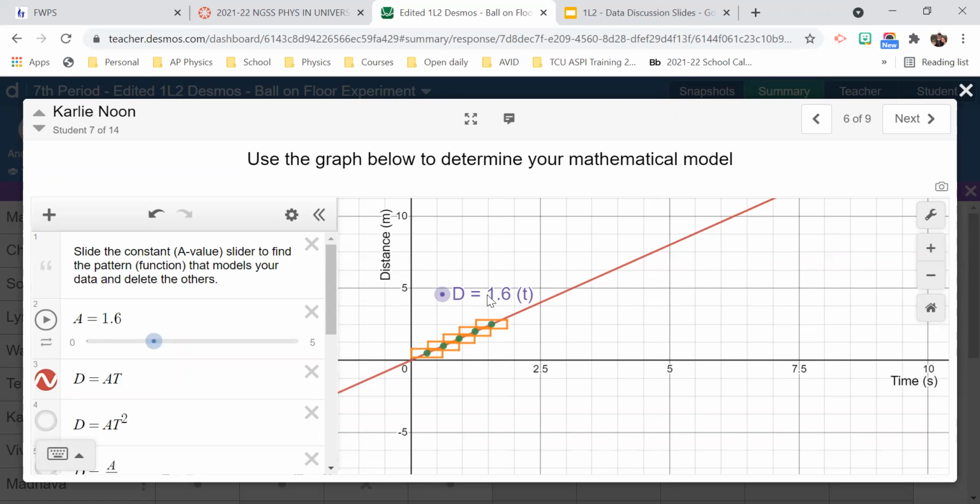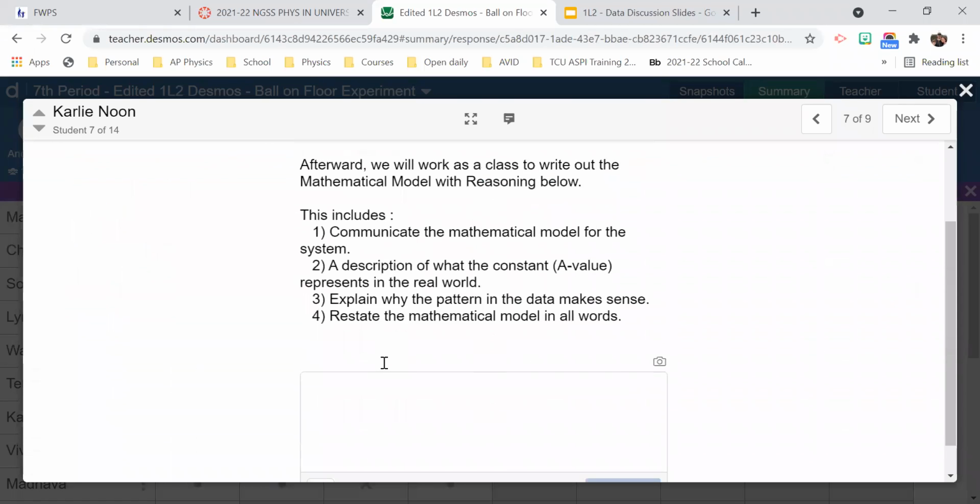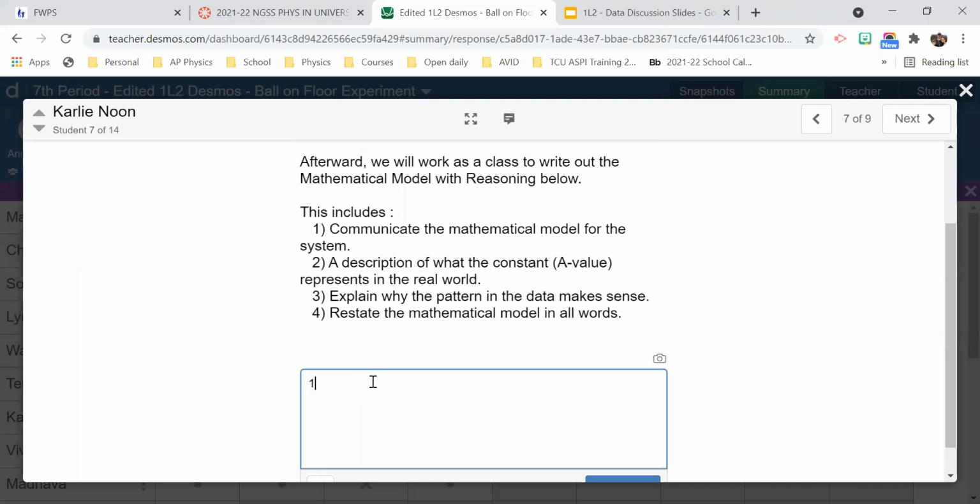So D equals whatever your number is times T. That's our number 1. D equals, in this case, 1.6 times T.